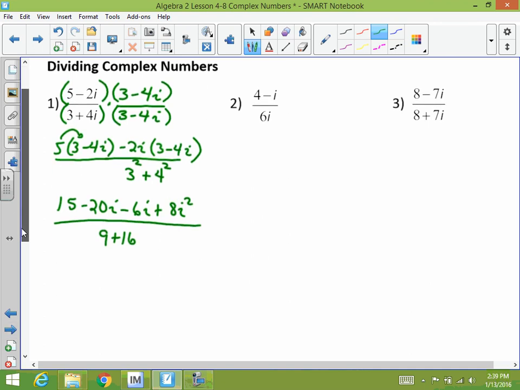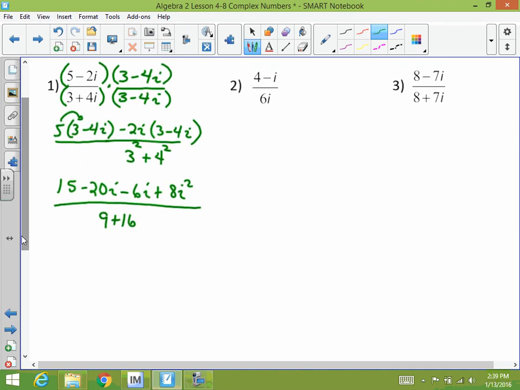Okay, so now when I simplify this, remember, i squared is negative 1, so this 8i squared is actually negative 8. So 15 minus 8 is 7. So these like terms become 7 minus 26i all over 25.